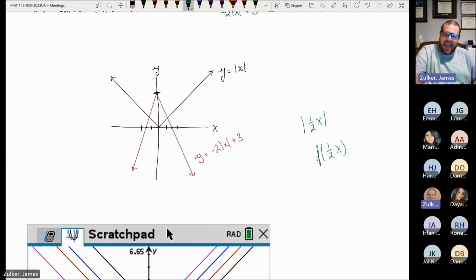Same thing with add. If I add a number inside, then it's horizontal, because you're affecting the input. You're changing the value before you even put it into the function. Versus vertical, you're changing the value after you've already gotten it from f.